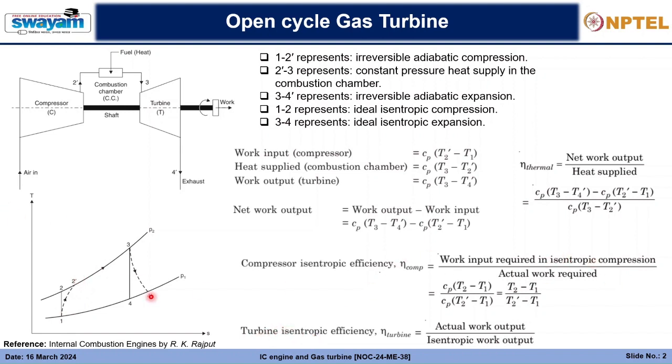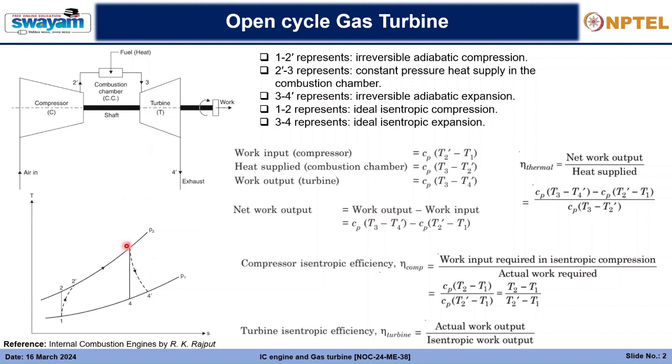But in case of a turbine, the highest work output we can get is through an isentropic process. You can see that 4 is at a little bit lower temperature than 4 dash. Although it is expanding between the same pressure limits, it is not able to expand to the lowest temperature due to the heat energy that is lost.